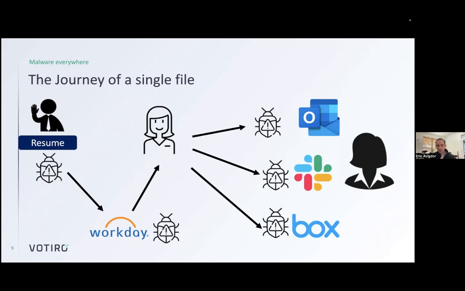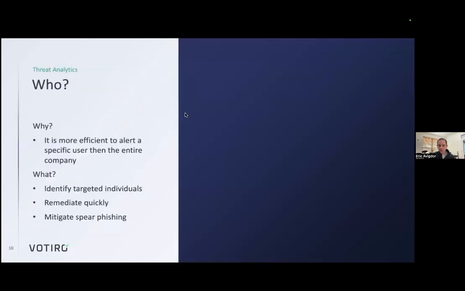What's important for me as an analyst, for me as a security team, is to understand which users are being targeted. Because if I am identifying a mode of attack, I would be much more efficient if I could alert a specific team or alert a specific individual or take preventative action with specific individuals or teams, than try to implement something which is across the entire organization, which may be an enormous organization.